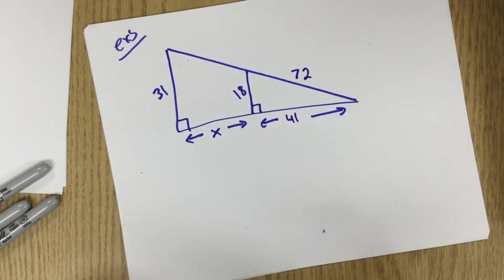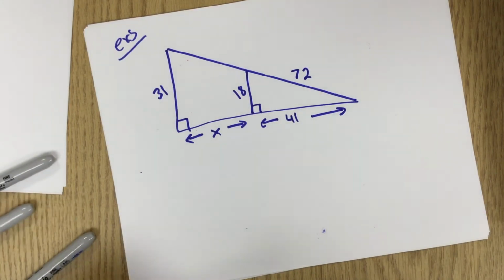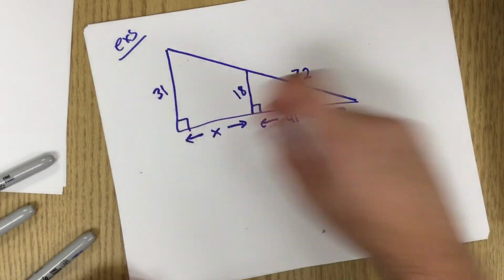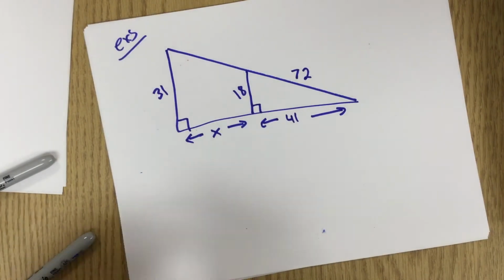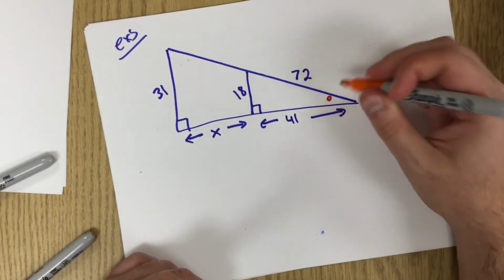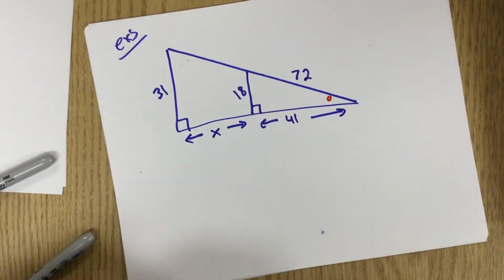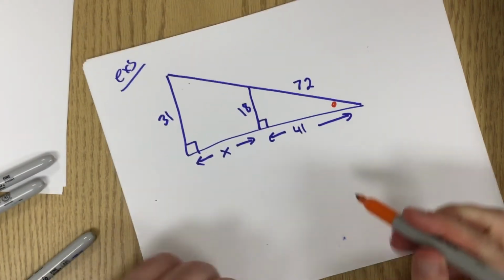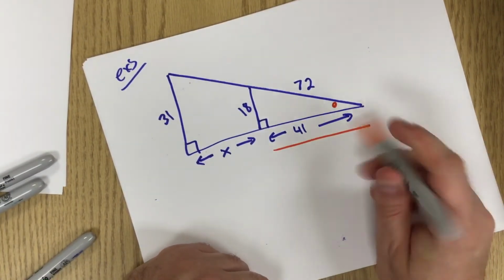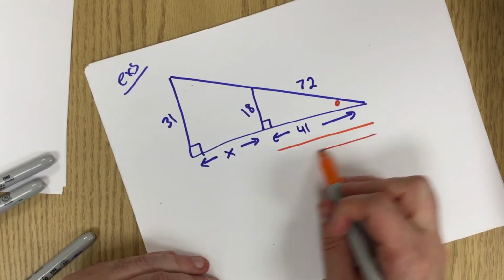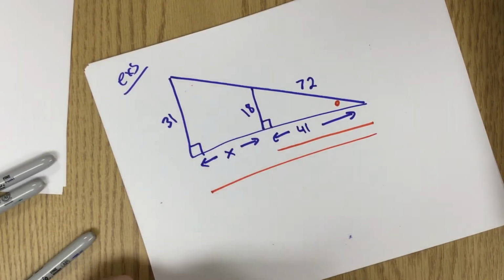So we're going to color the appropriate sides. So we have our small triangle and we have our big triangle. They're similar because, of course, this is a common angle. So we know that the 41 between orange and the right angle is the same as this.